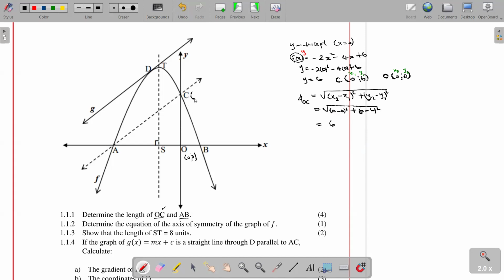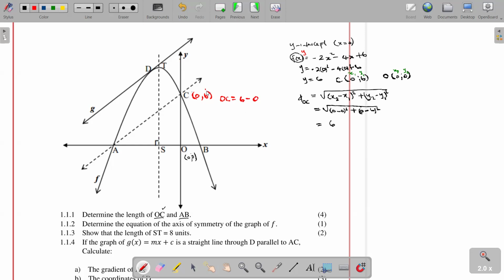When we calculated the coordinates of C, we found them to be (0, 6). So you can just say, since it's a vertical line OC, y on top minus y below. So OC is 6 minus 0.